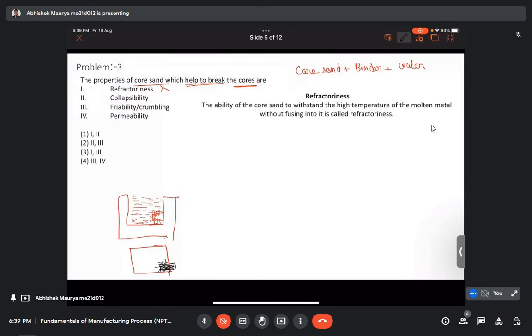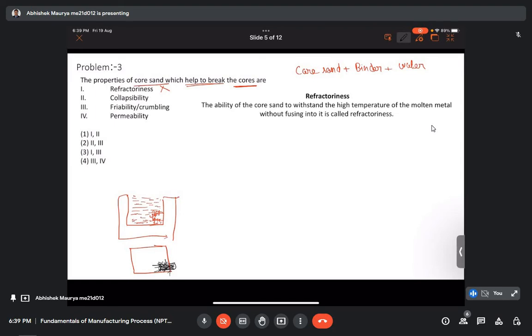If this core is not flexible enough, or it is not able to collapse during the shrinkage, then there is a possibility of shrinkage cavity or crack formation in the casting. Therefore it is a very desirable property of the core that it should collapse.